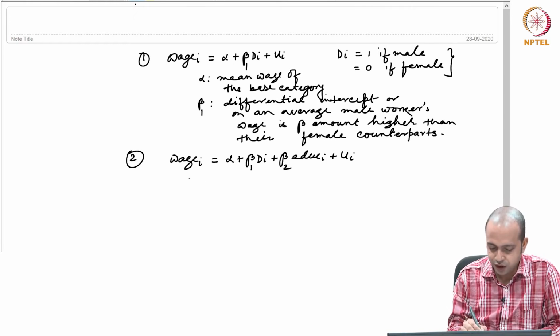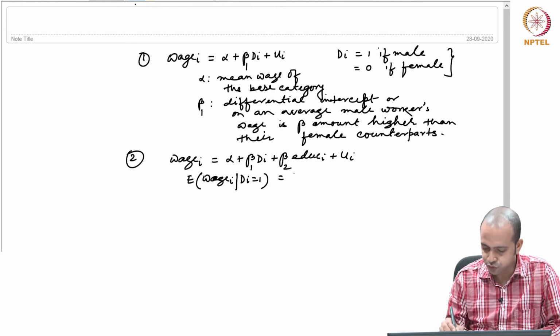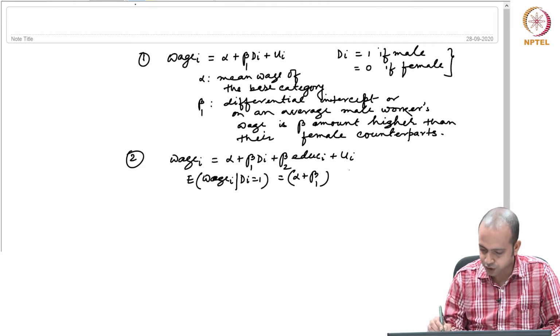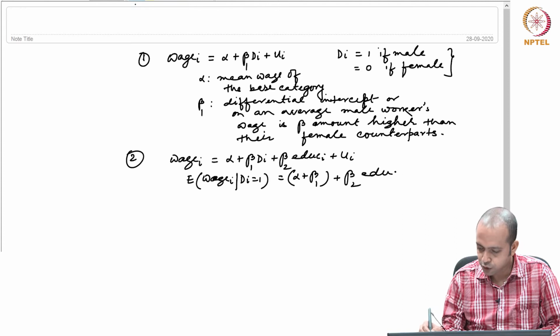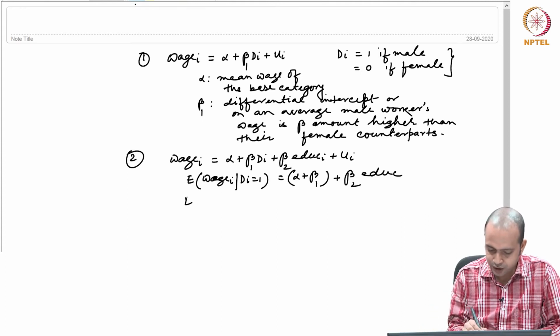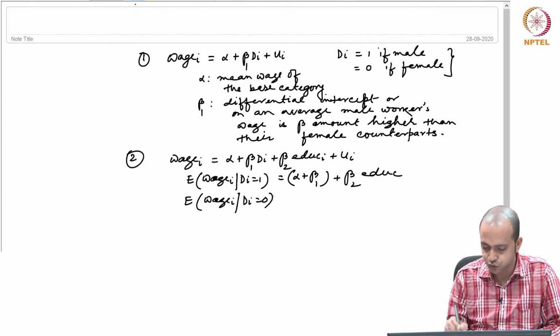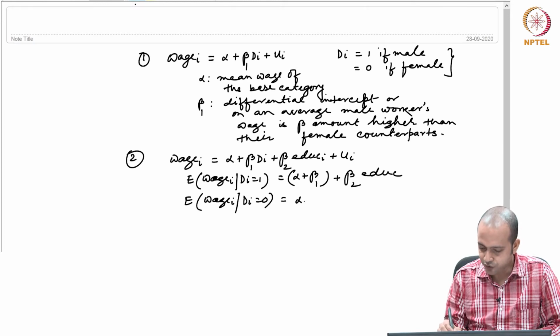So, in this model, quickly if you take the expectation of wage_i given d_i equals 1, this would become alpha plus beta 1 plus beta 2 education, and if you take the expectation of wage_i given d_i equals 0, you will get alpha plus beta 2 education.